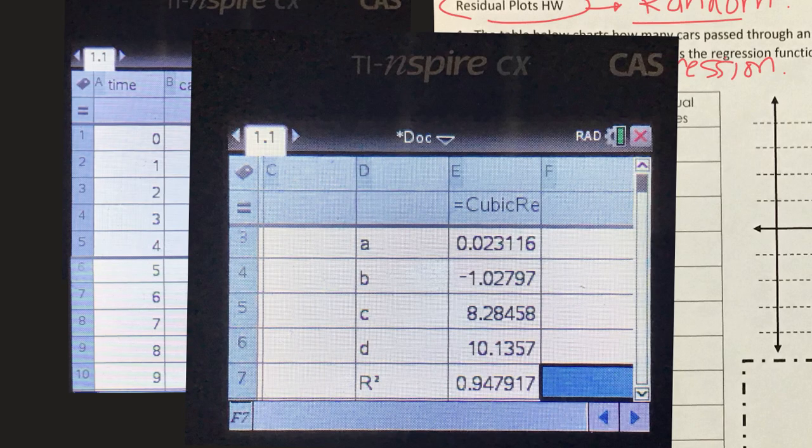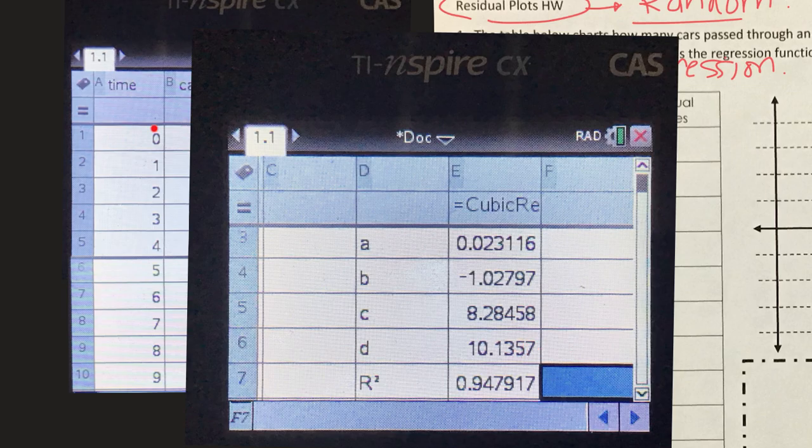When we ran a cubic regression with these values as your x's, and then of course your car values as your y's, this became my cubic equation. This is my x cubed coefficient. This is my x squared coefficient. This is my x coefficient, and that's my y-intercept, or my constant.